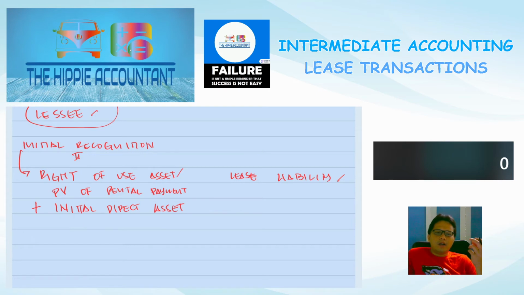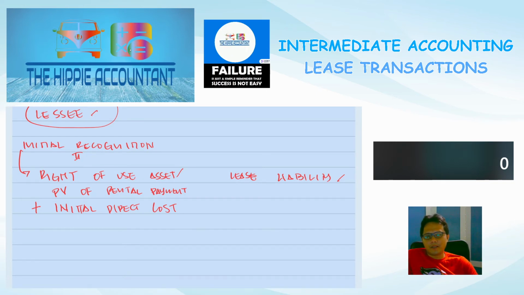That particular lessor will give you incentives. Okay? Will give you incentives. And that particular incentives is that although ikaw yung magbabayad ng initial direct cost, pero you will be reimbursed by the lessor.